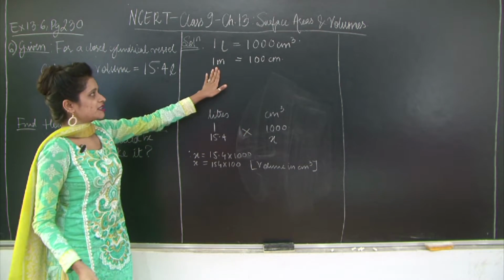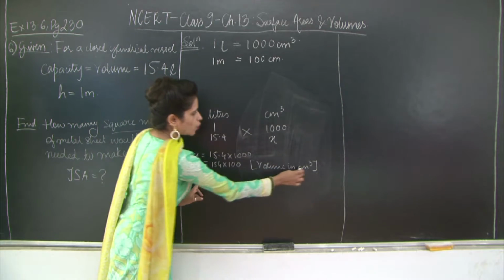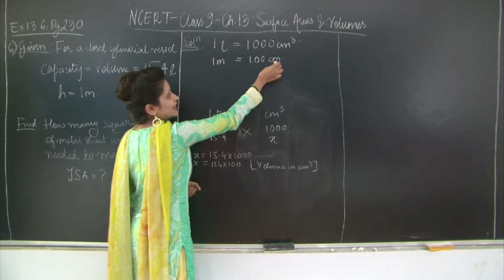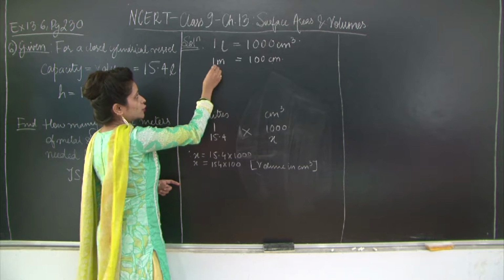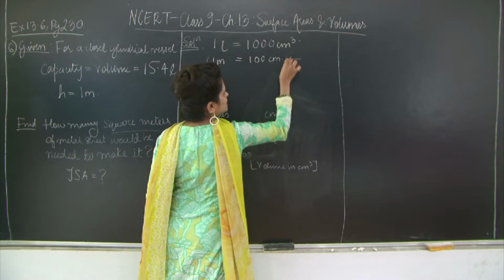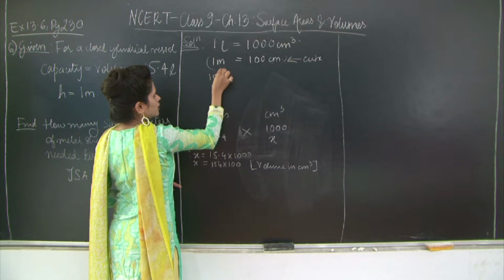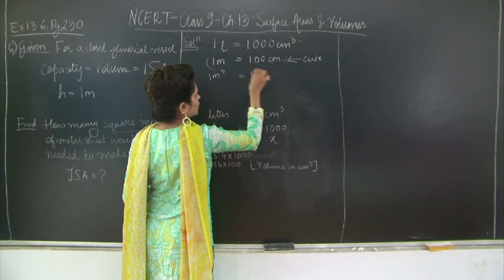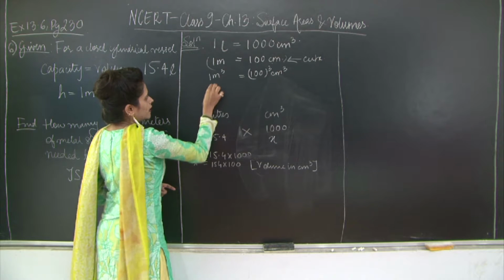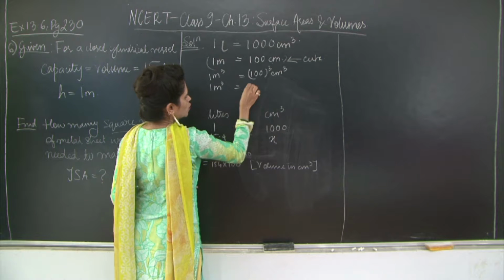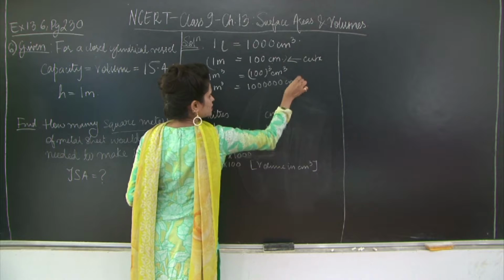Now we have 1 meter equal to 100 centimeters. This is the volume in centimeter cube, which means I need centimeter cube on the left hand side and the right hand side. So I'm going to cube this equation. What do I get? 1 meter cube is equal to 100 cube centimeter cubes. So 1 meter cube is equal to 1,000,000 centimeter cubes, which is 1 followed by 6 zeros.